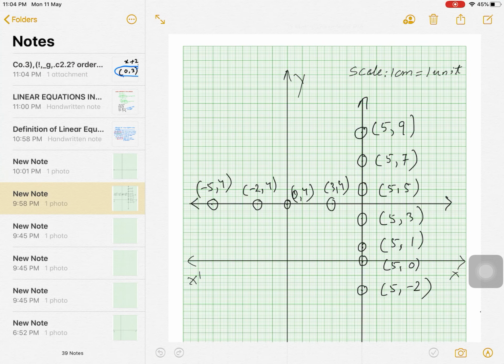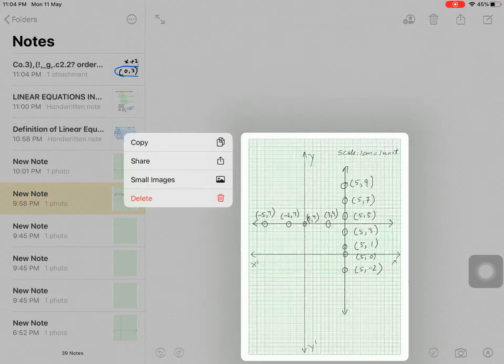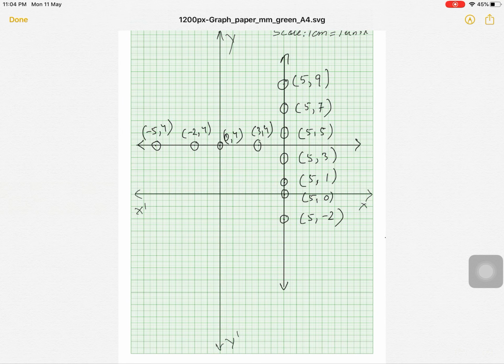Okay, here you see, in this graph I have different points: (5, 9), (5, 7), (5, 5), (5, 3), (5, 1), (5, 0), (5, minus 2). If I join all these points, I get a straight line which is parallel to the y axis.